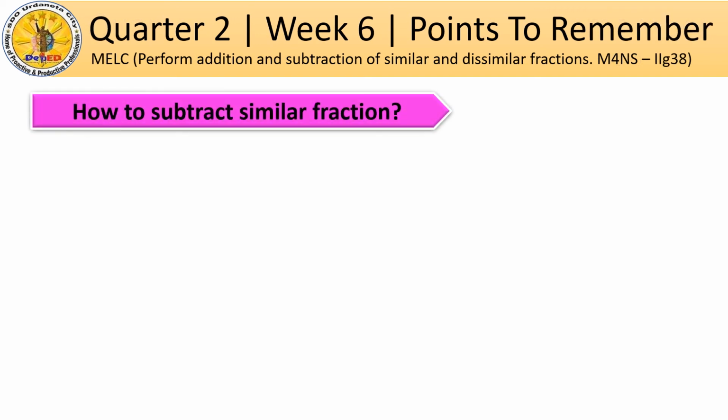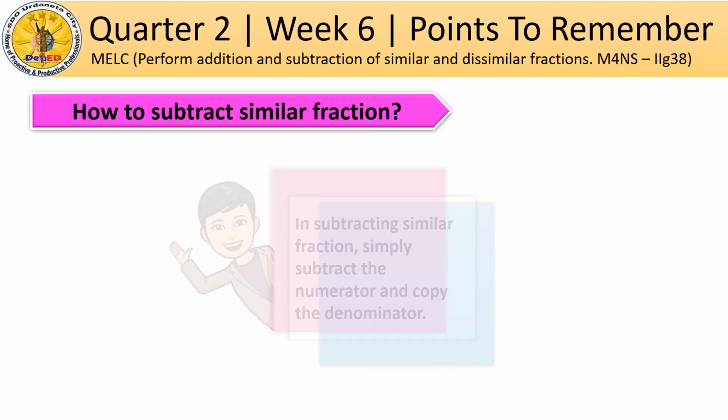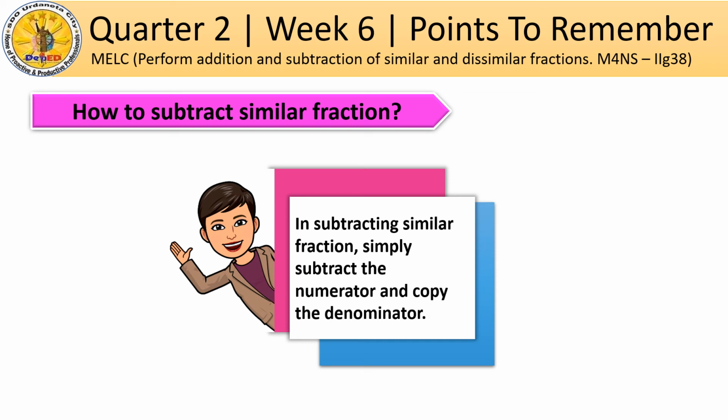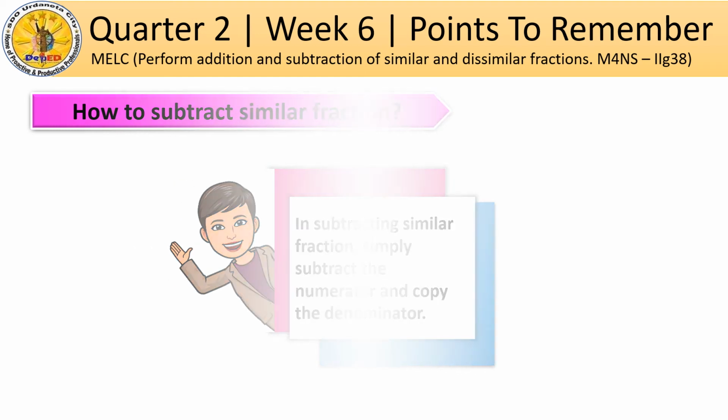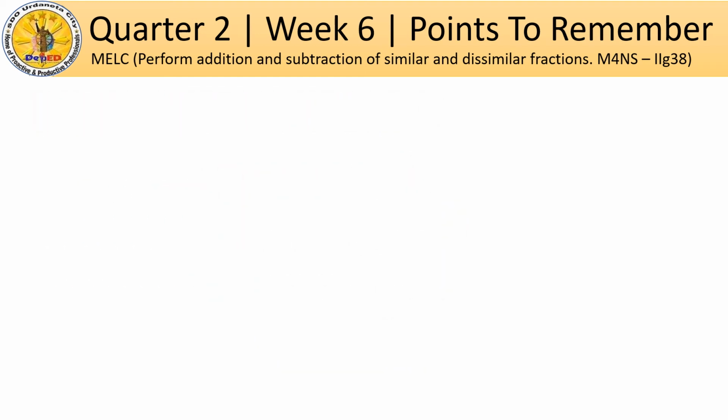Let's move on to how to subtract similar fractions. In subtracting similar fractions, simply subtract the numerators and copy the denominator. Now, let's subtract 8 over 10 minus 1 over 10. Subtract the numerators, 8 minus 1, then copy the denominator 10.